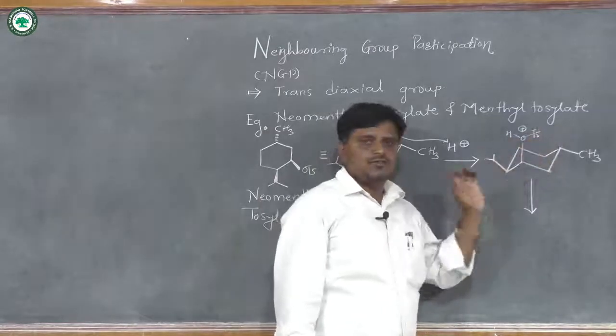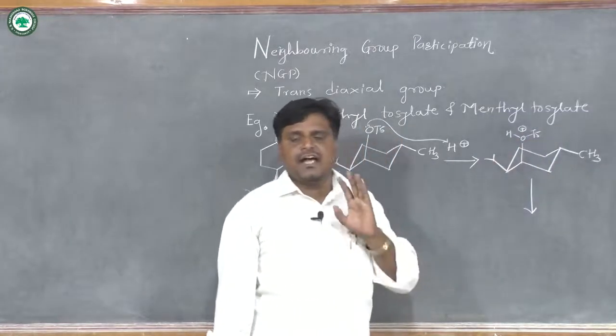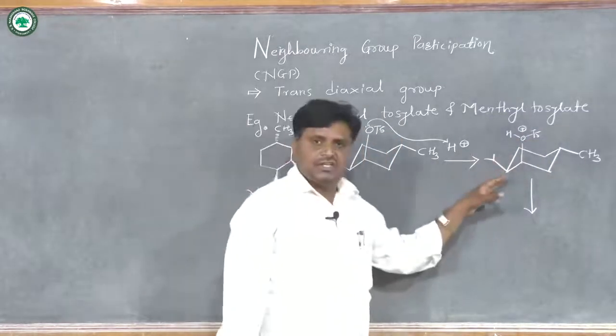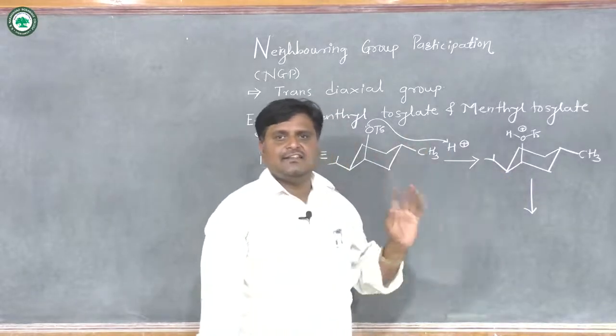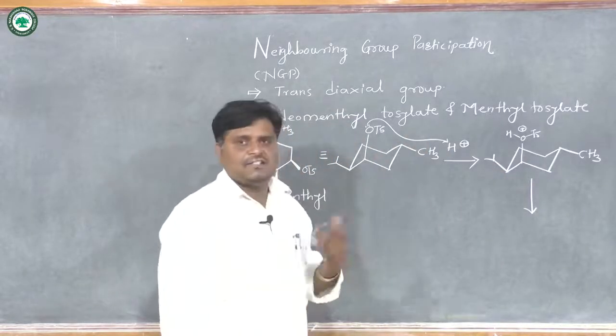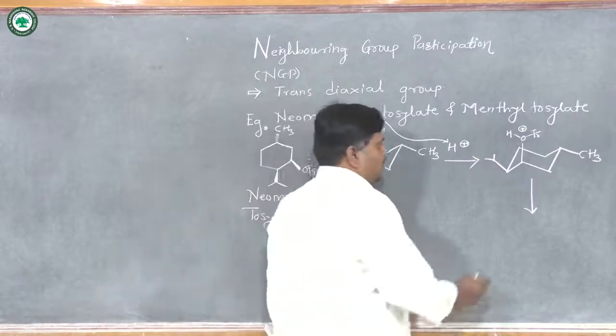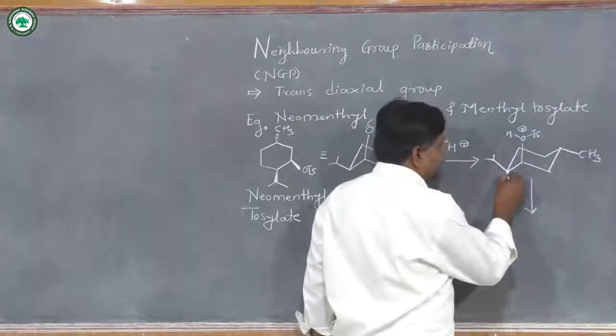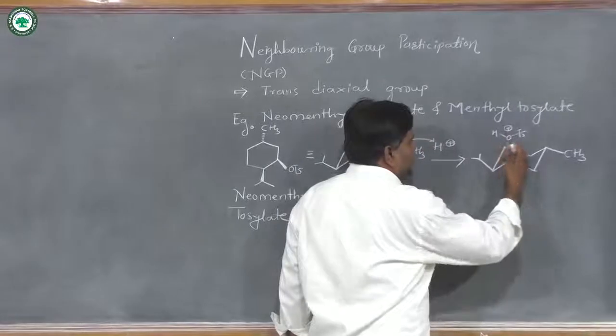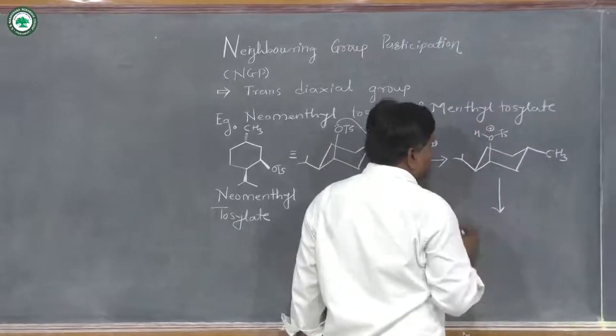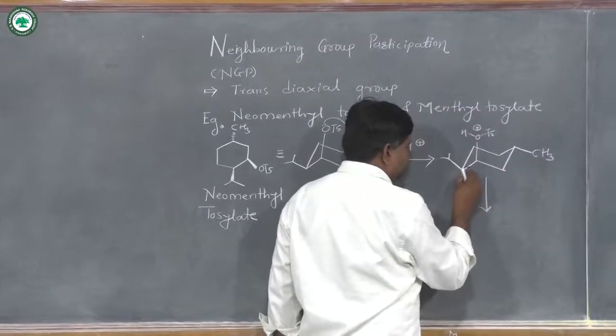This is bulkier, so that bulkier substituent is highly unstable on this chair, so it will be easily removed, but it requires some push from the backside, so it will easily be removed from above the plane.